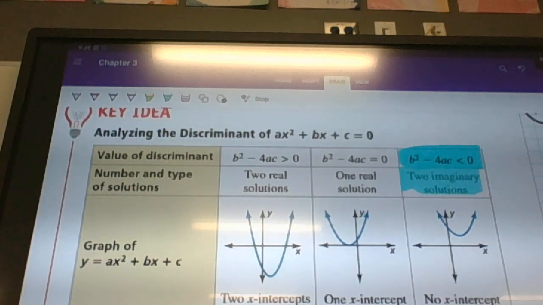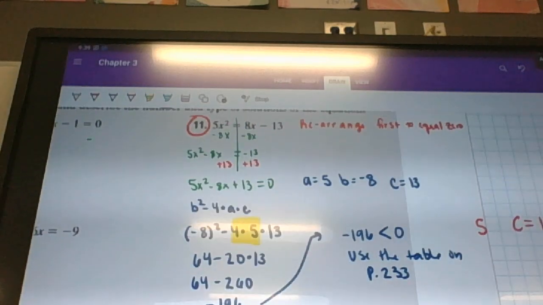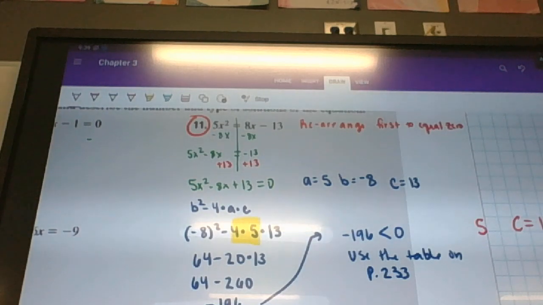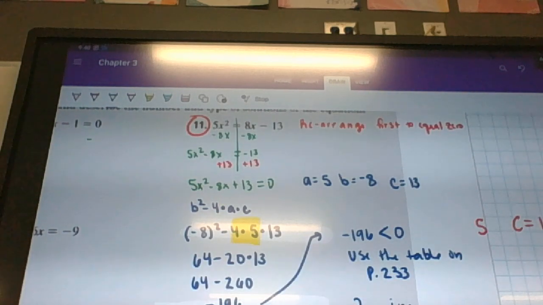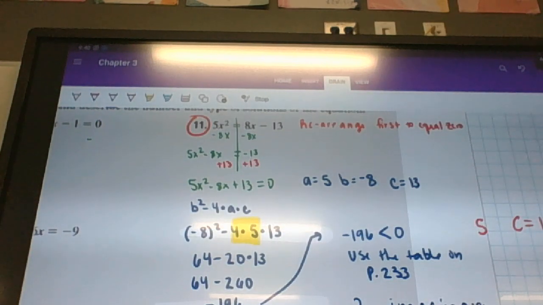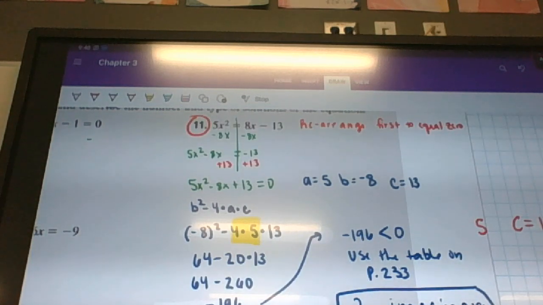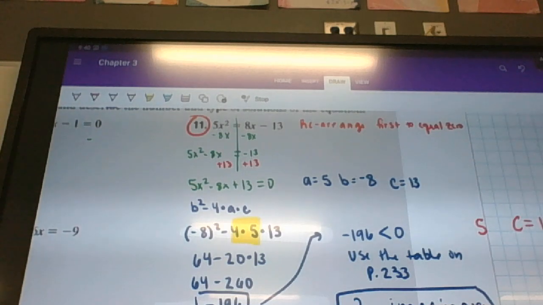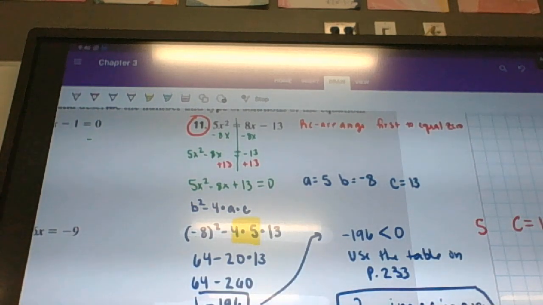That means I have two imaginary solutions. So I am going to go ahead and box negative 196. That's part of my answer, but this is where you're earning credit, is by identifying if it's real solutions or imaginary.